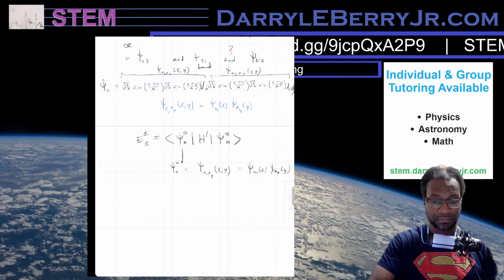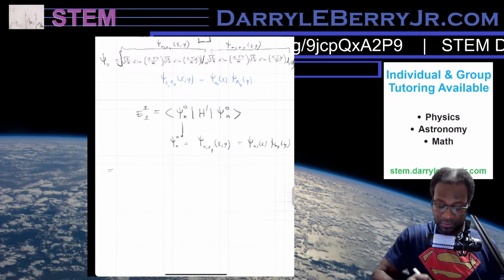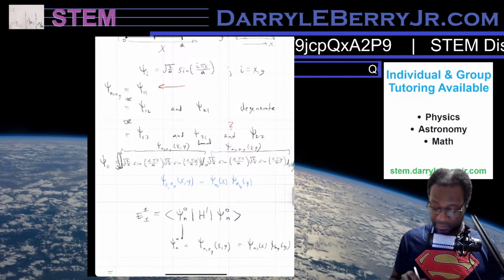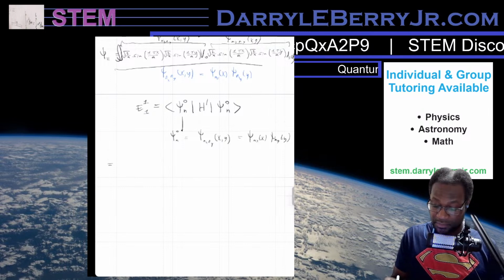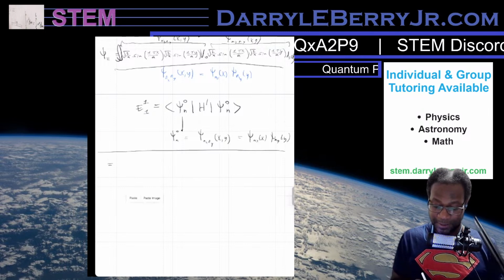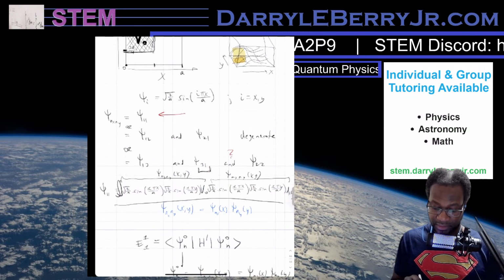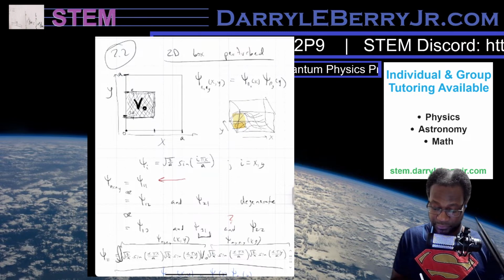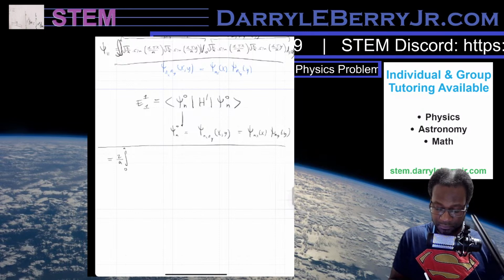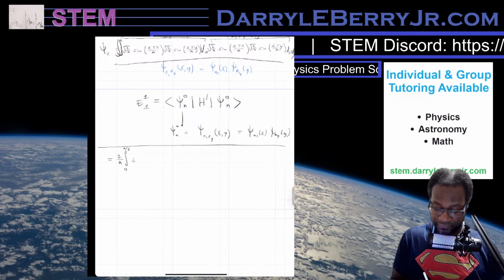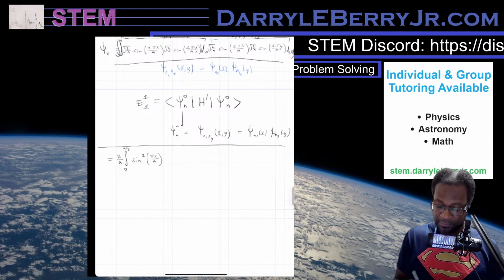So everything is looking good. So let's see what we get. We have my integral, and I'll put the bounds in momentarily. So let me actually separate these, and we'll end up having 2 over a, integral x is from 0 to a over 2, and we have sine squared pi x over a.